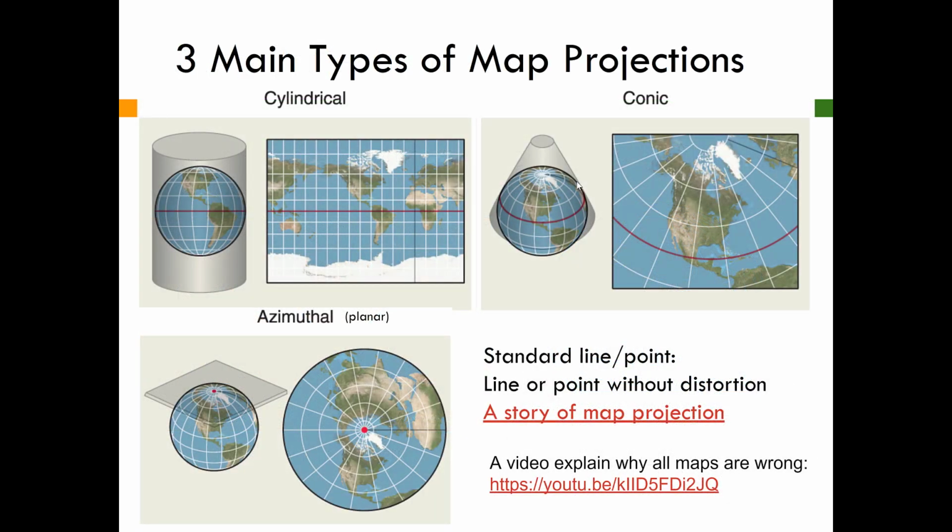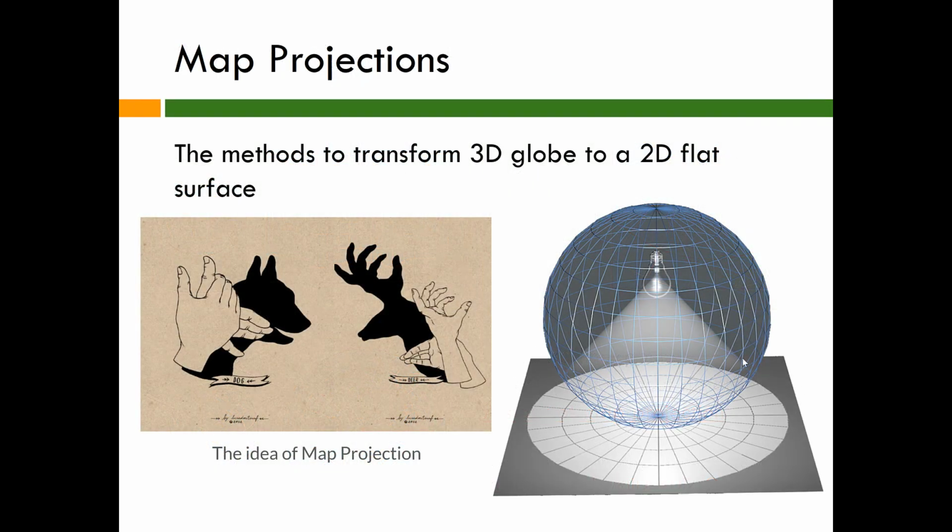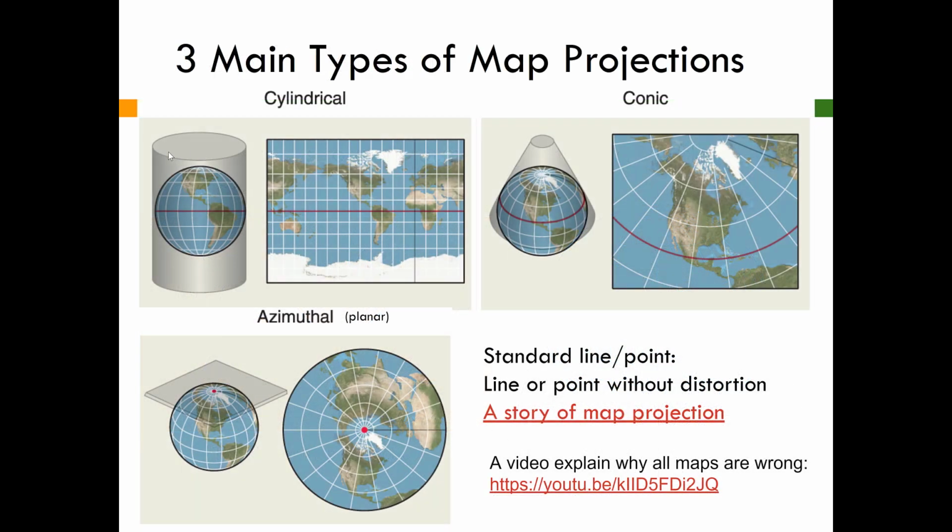We call that map projection. We have three types of map projection, depending on your flattened surface. If this flattened surface is a cylinder like this, we call that cylindrical map projection. So basically, you wrap up your Earth with this cylinder, and you turn on the light.